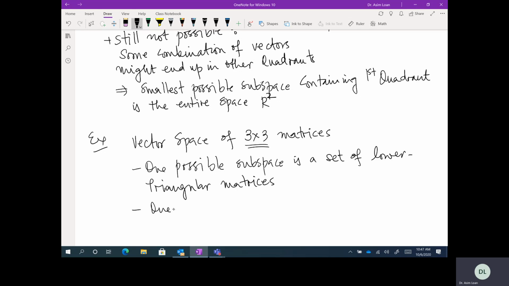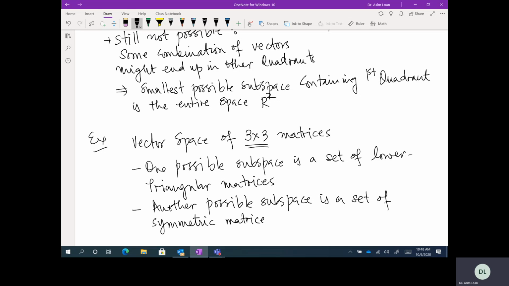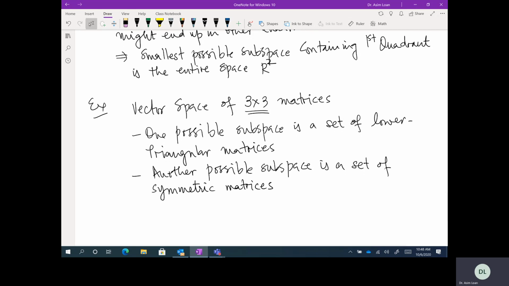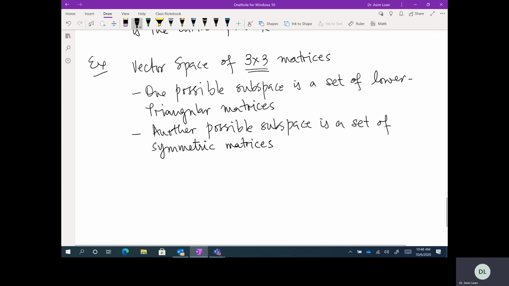And another possible subspace is the set of symmetric matrices. So in a symmetric matrix, the elements above and below the main diagonal are the same. In a lower triangular matrix, the elements below the main diagonal are non-zero, and above the main diagonal are zero. Okay.